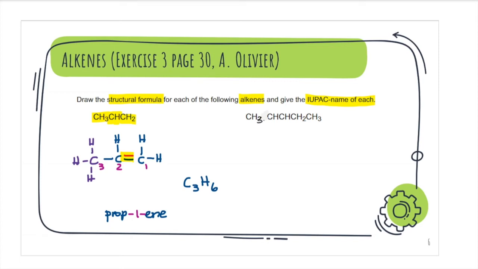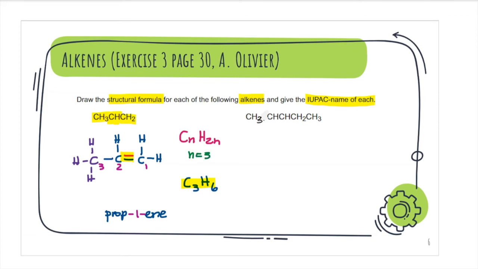You can see over here that I've drawn the molecular formula of this compound. The molecular formula only shows the types of atoms and number of each. It does not show how they are bonded to each other. Remember that the general formula of alkenes is given as CnH2n. In this specific compound, n is given as 3.